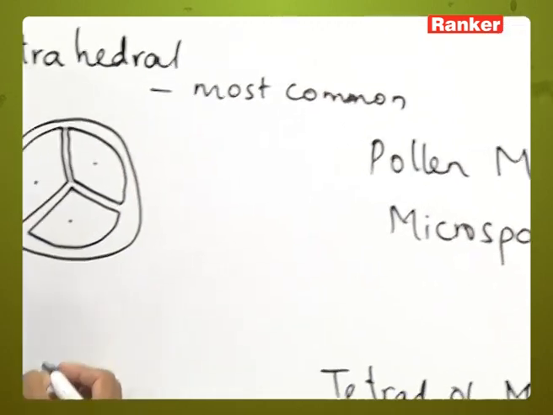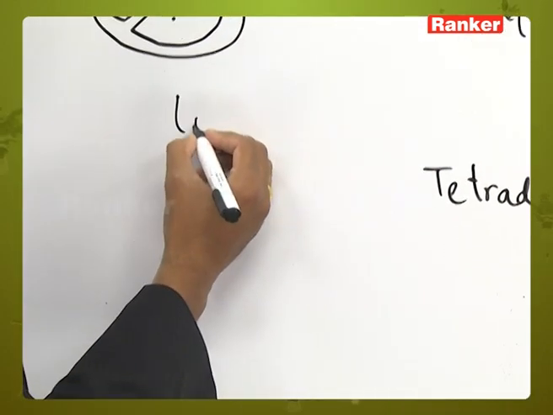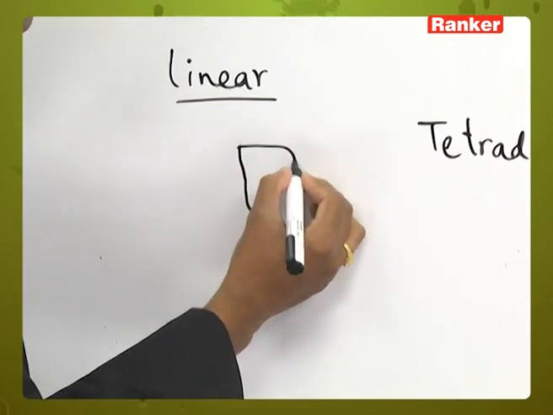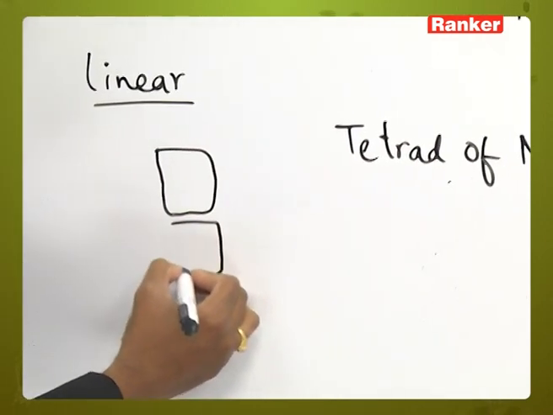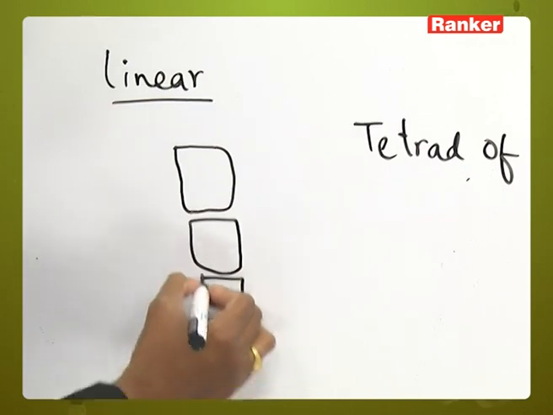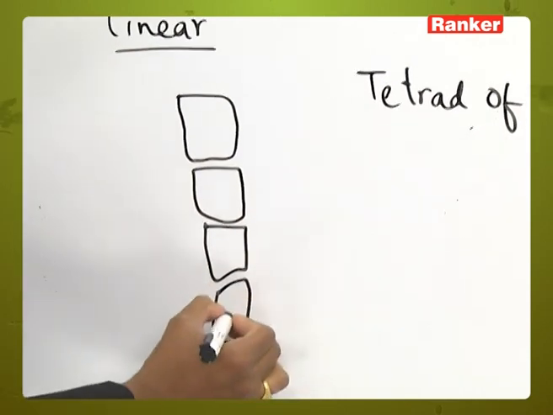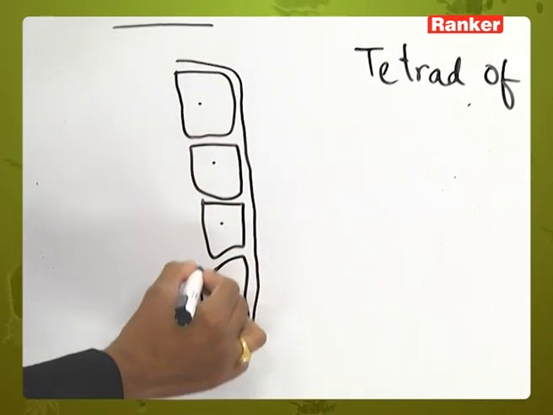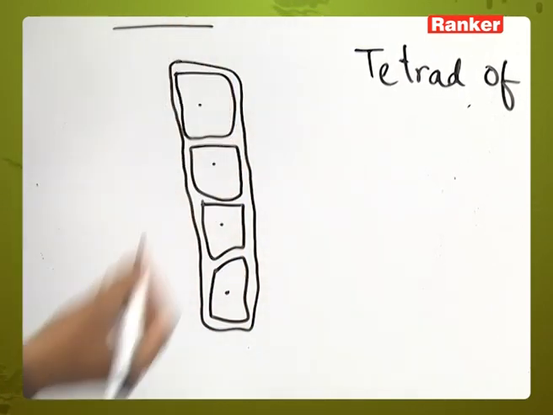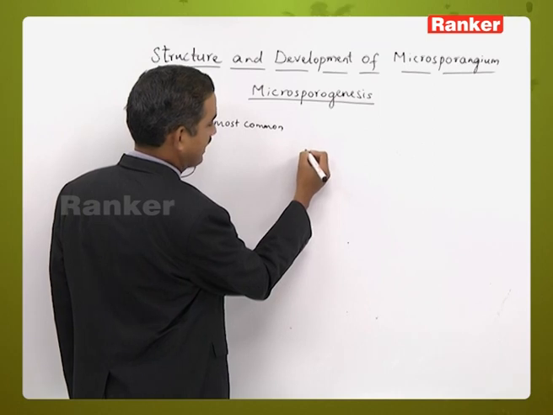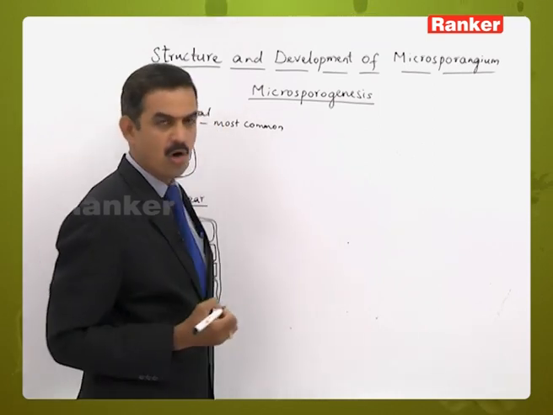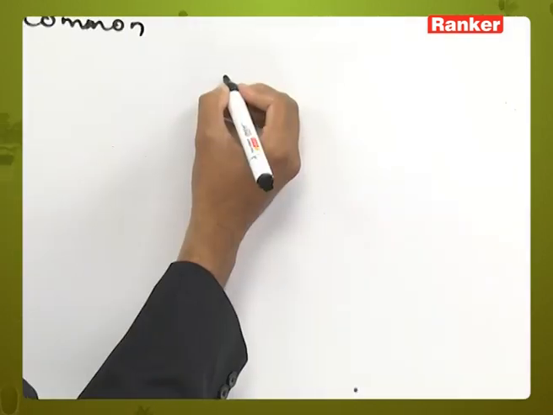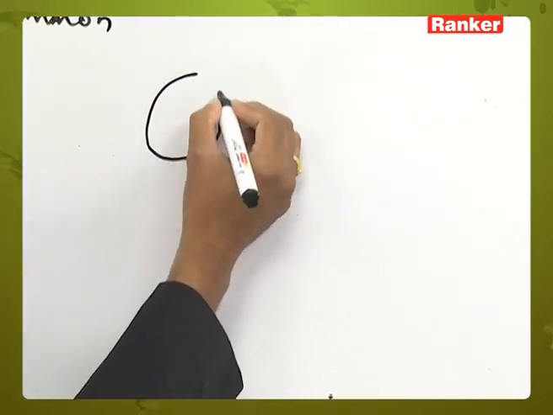And sometimes they may also be arranged in linear form. Linear form means all the 4 microspores are arranged in a straight line like this. So, we call it a linear arrangement of the microspores. Sometimes they may arrange in decussate form, or sometimes in the T shape also. The T shape, the arrangement will be like this.